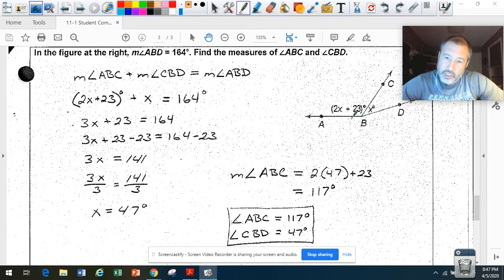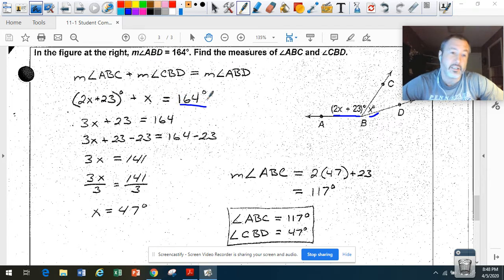Well, as we said, this angle here is 164 degrees. So this angle, which is 2x plus 23, plus x, has to equal 164 degrees. If we write our equation: 2x plus 23 plus x equals 164.